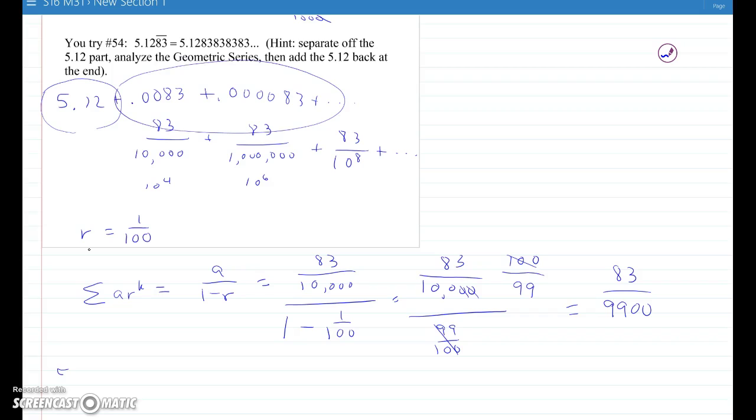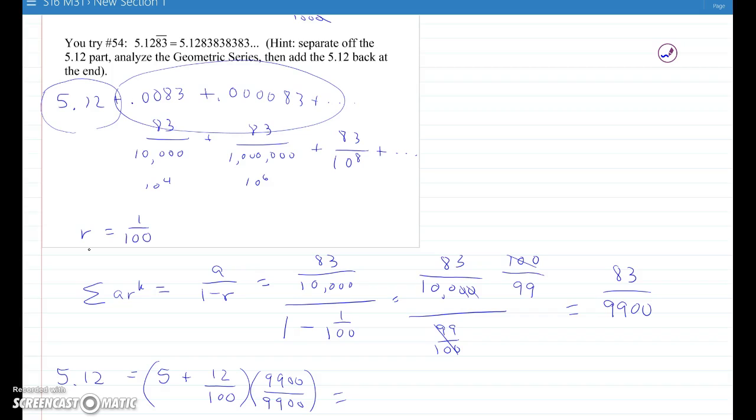But now I need to add the 5.12. So that's 5 plus 12 hundredths, right? So if I want to write that as 99 hundredths, I'm going to have to multiply by 9,900 over 9,900. So when I do that, which I did, and now I'm not seeing the numbers.